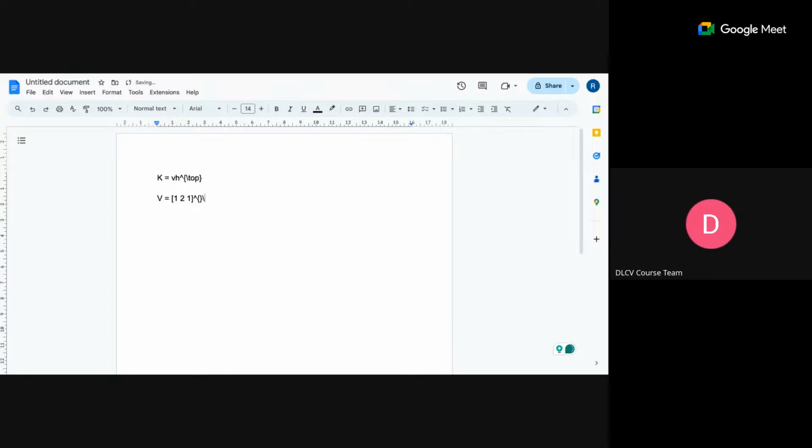I'm writing it as the transpose of a row matrix. And let's say our H is something like 1, 2, 1 only. Let's take that. So now, can you tell me what will be the first row of the matrix K? Can you tell me?